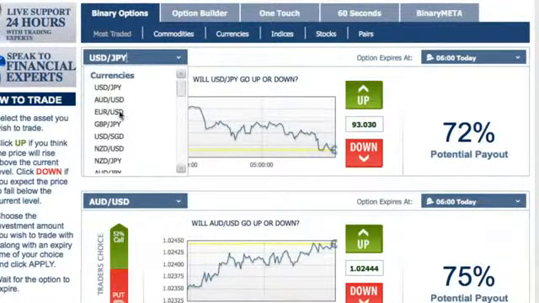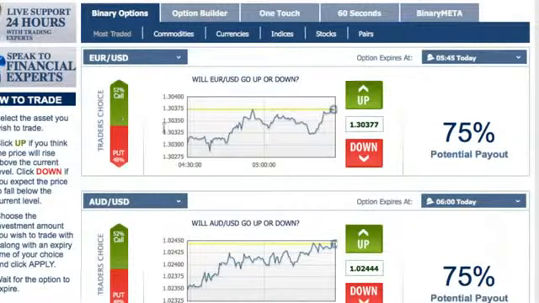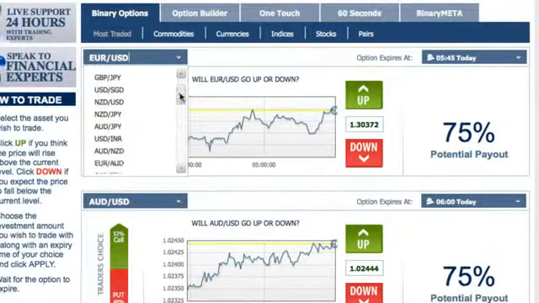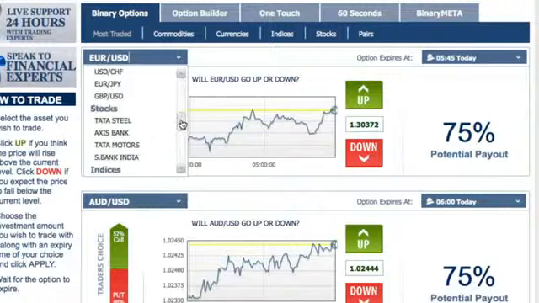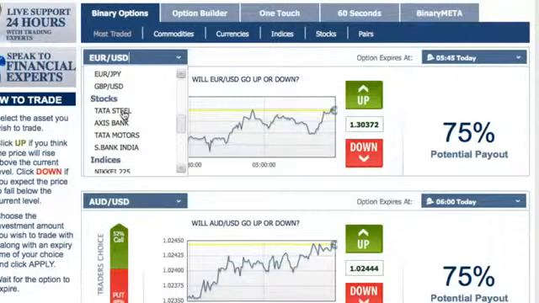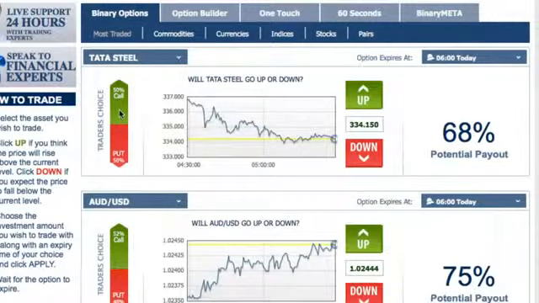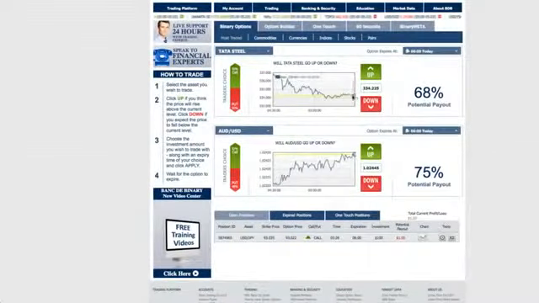Let's bring up the Euro USD. Very sideways looking chart. We want something that's really dramatic, going in one bearish trend or bullish trend. Let's bring up some stocks. Bring up Tata Steel. It's gone very sideways here for a while.